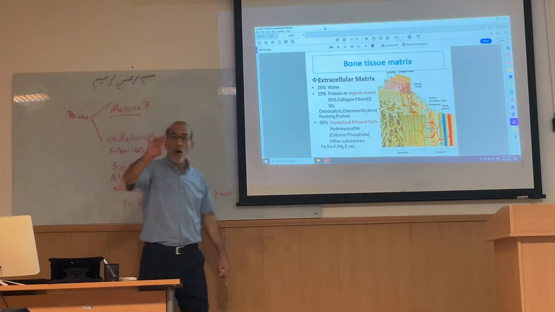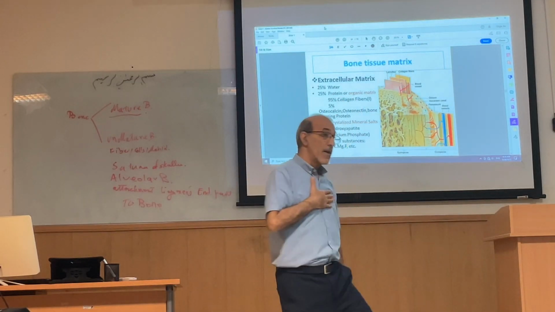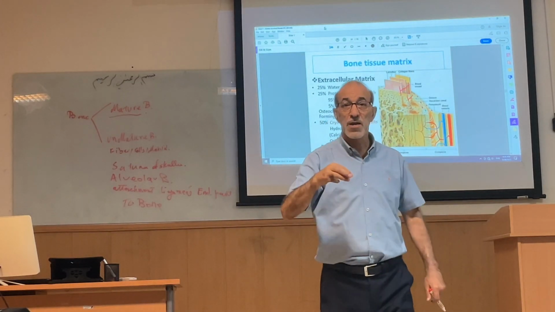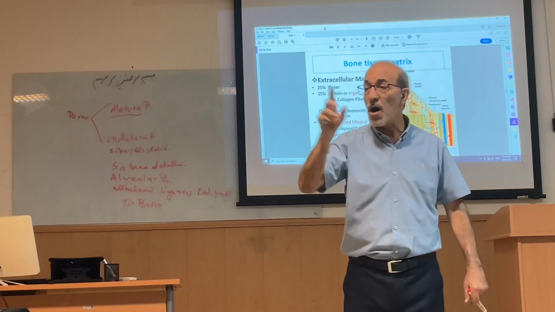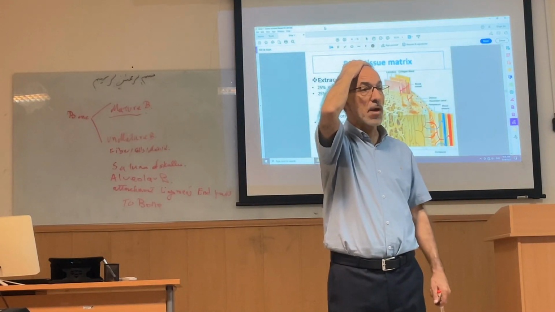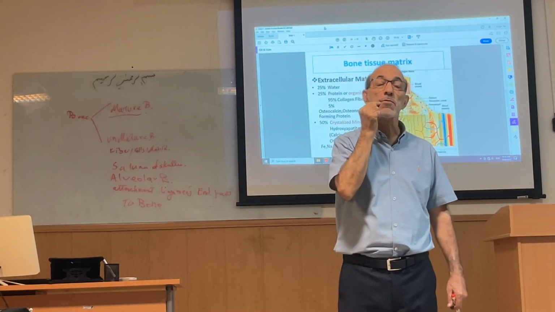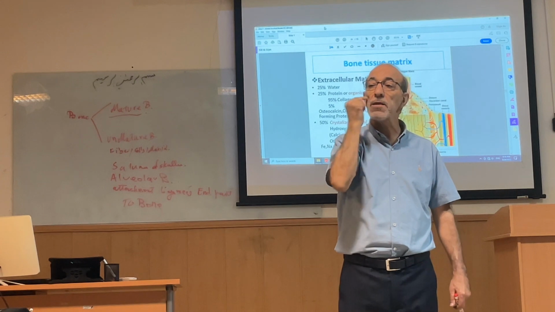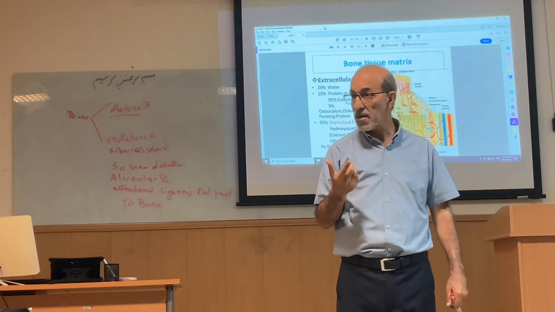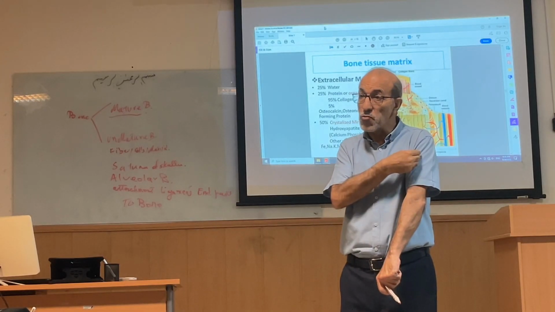Three parts of the body are observed to have immature bone. One, the skull sutures. Two, the oral cavity, where the teeth are jointed to the mandible and maxilla bone. And three, where the end of a ligament is jointed to bone.